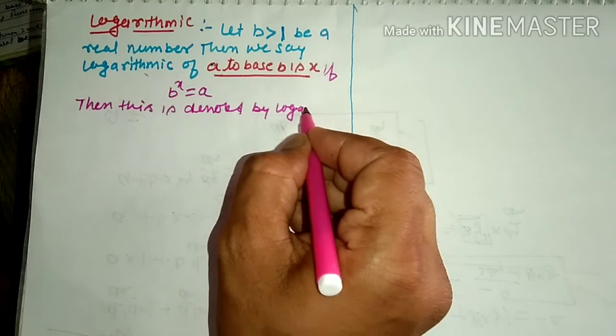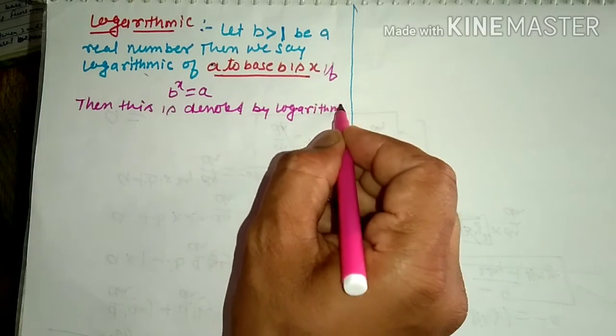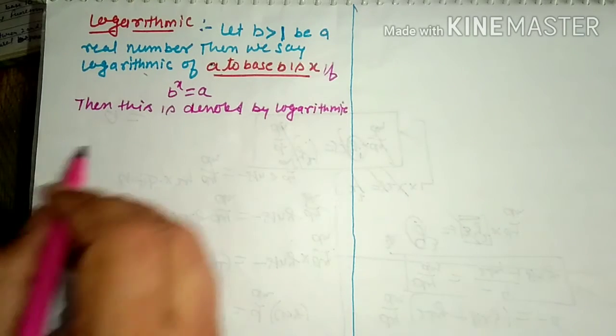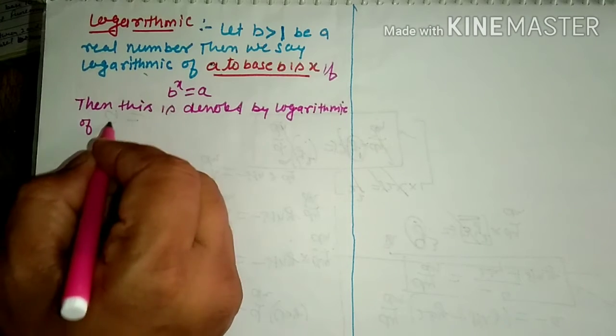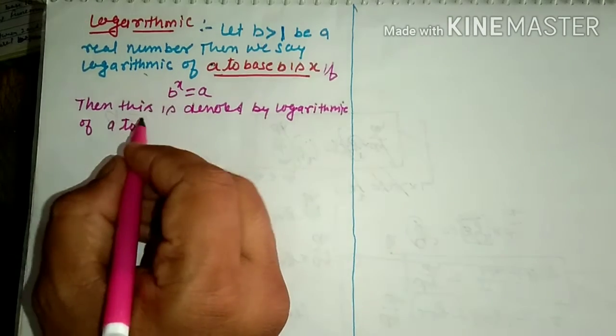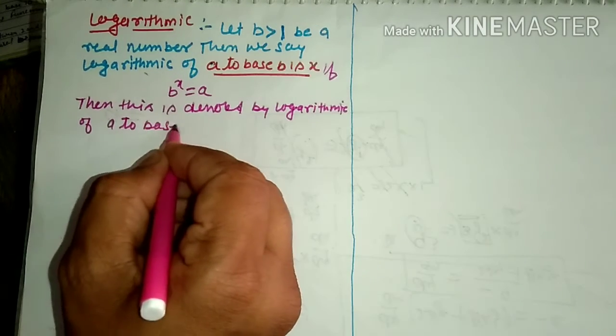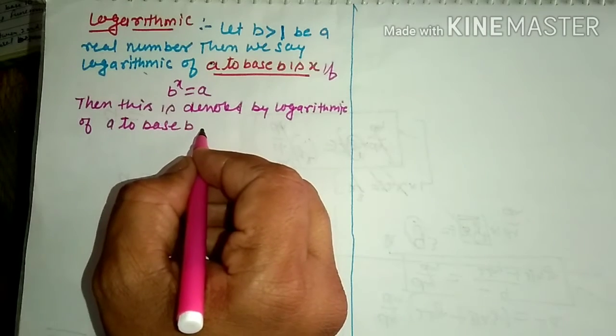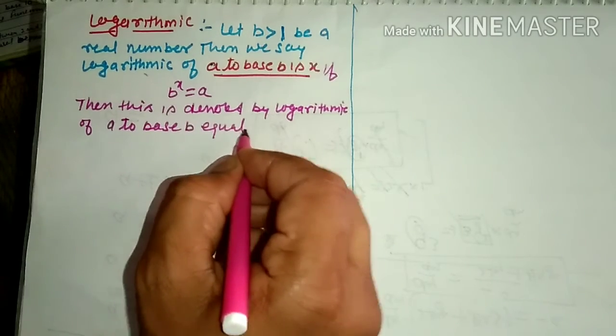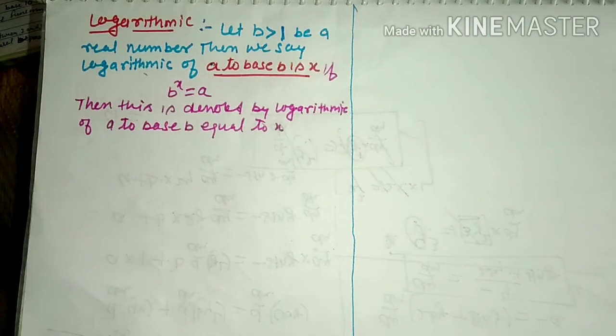logarithm of a to base b equal to x. Clear?